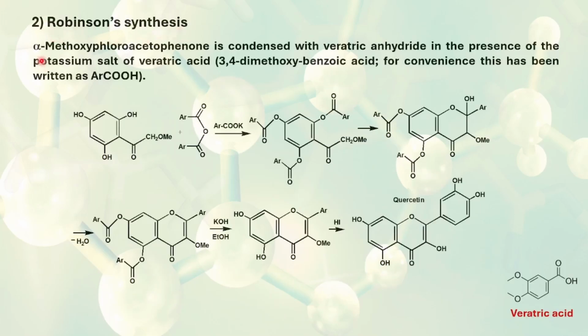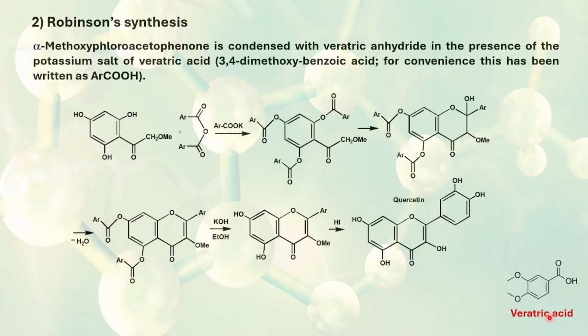Robinson synthesis. Omega-methoxyphloroacetophenone is condensed with veratric anhydride in the presence of the potassium salt of veratric acid, 3,4-dimethoxybenzoic acid. For convenience, this has been written as ArCOOH.